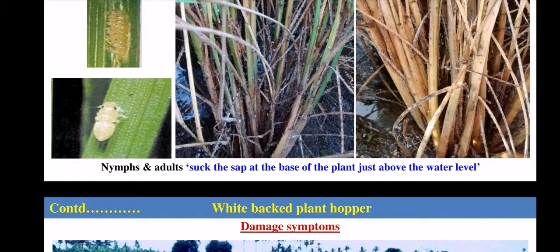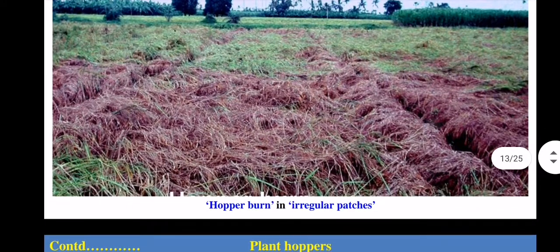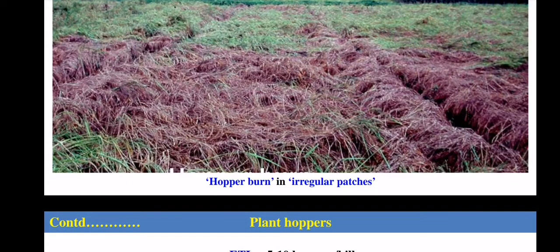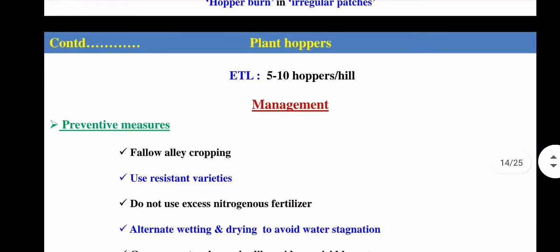The nymph and adult suck the sap from the base of the plant just above the water level. The damaging symptoms of the white backed plant hopper are the same as the hopper burn, but in irregular patches. So you can easily observe the hopper burn with the attack of the white backed plant hopper.